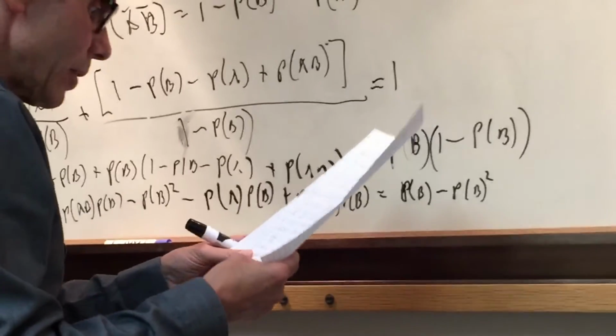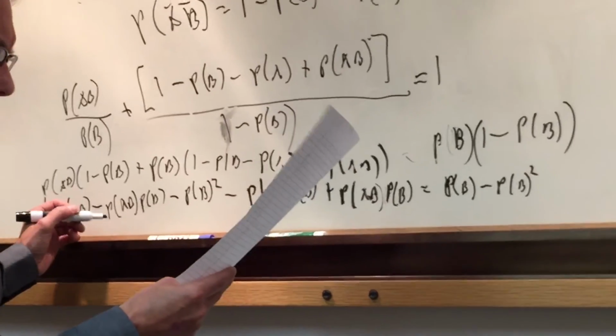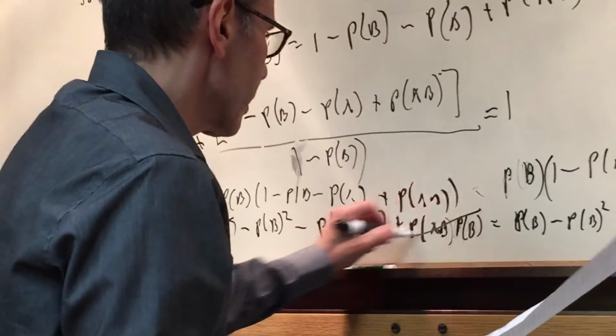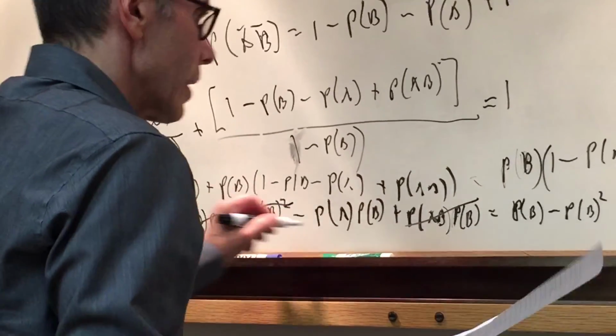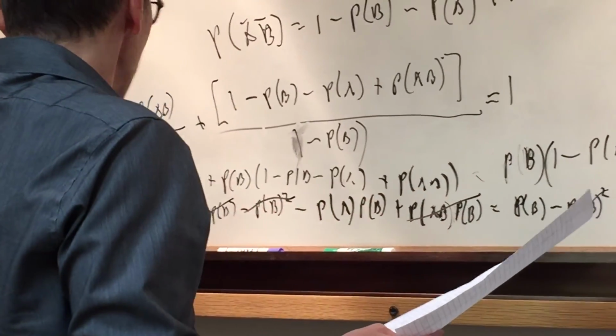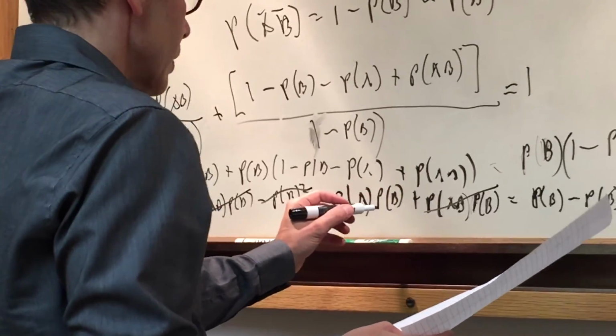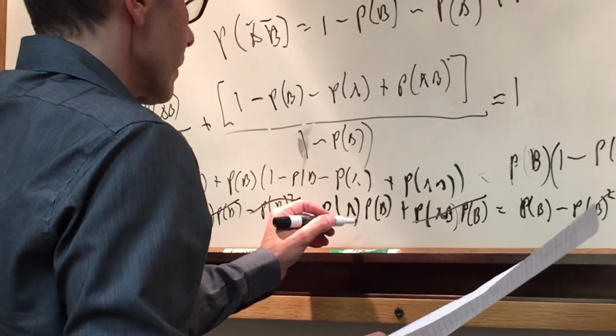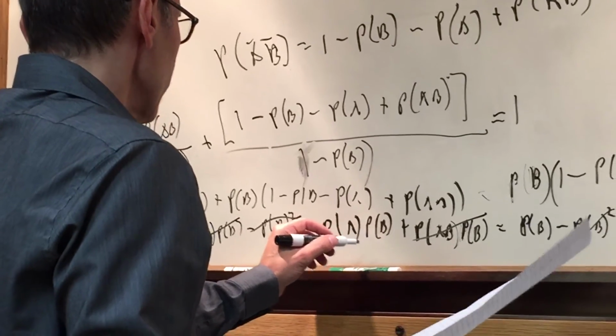Now we can do our cancellations. What do we see cancels here? This cancels out with this, and also this cancels out with this, and then we're going to be left with one more thing supposed to cancel out.